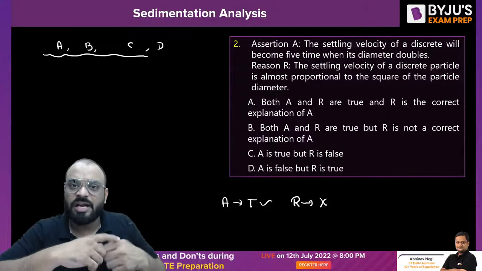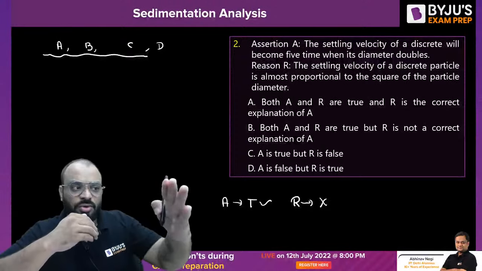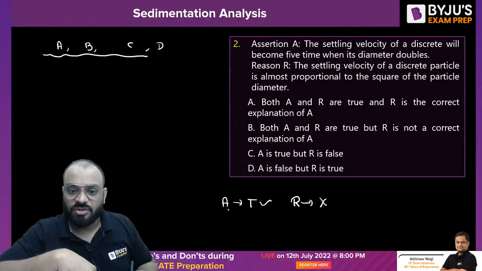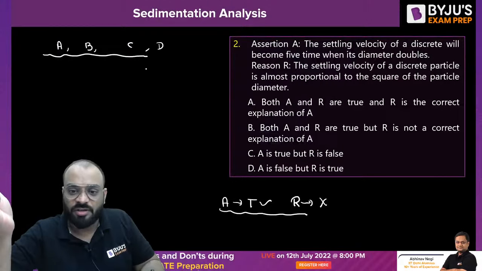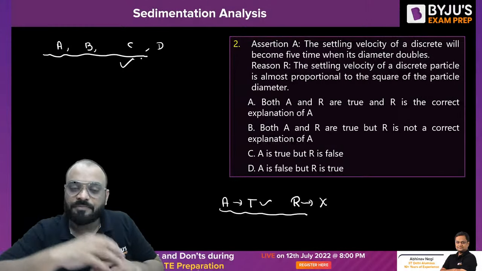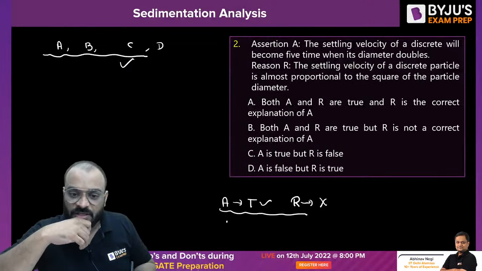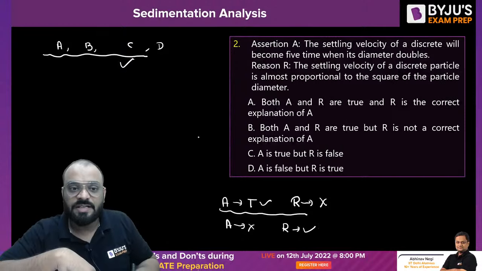Then you will get your answer directly without trying to link both the statements together. So if the reason is wrong, then definitely the answer is C. Now let us suppose another condition in which the assertion is wrong and the reason is true. So guys, the answer is D.